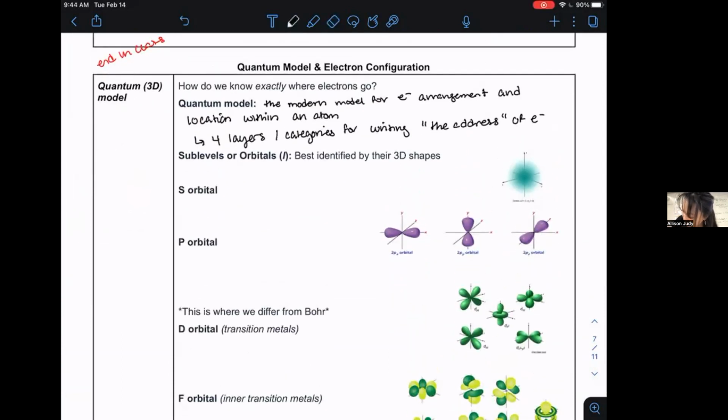I'll write it in. So the first layer is known as what we call the energy level layer, right? The general energy level, or the technical term in this model is called the principal quantum number.